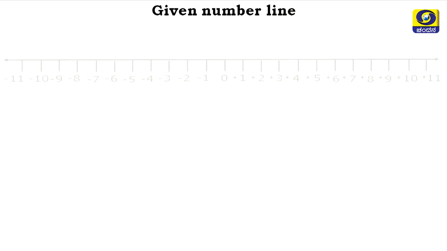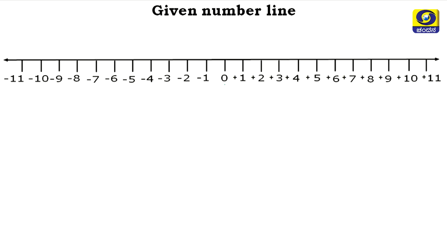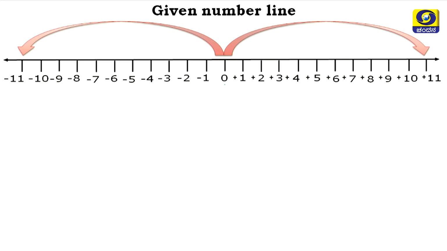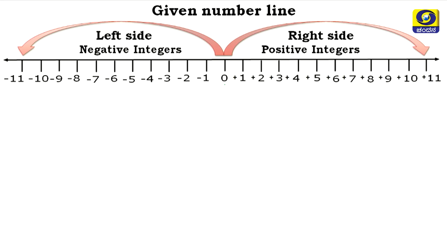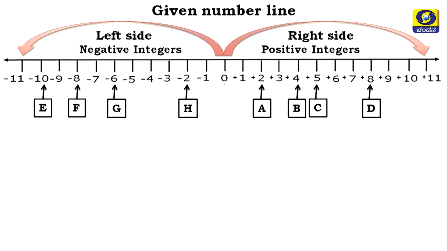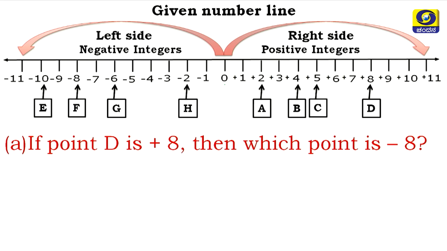Here is the given number line, with the right side, the left side, positive integers and negative integers. They marked the points A, B, C, D, E, F, G, H. Okay, what is the first question?